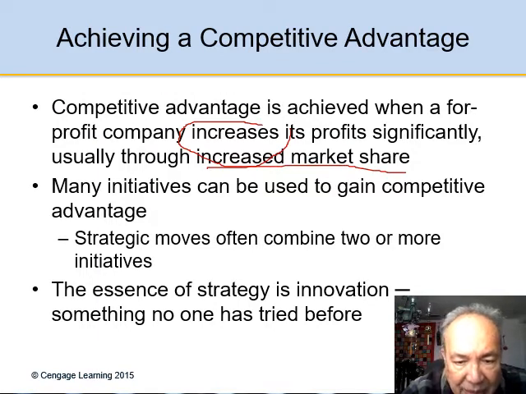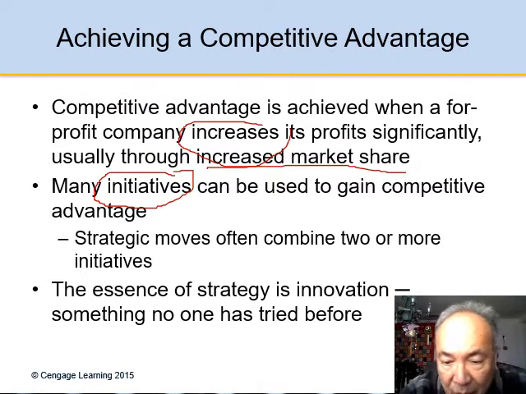Many initiatives can be used to gain competitive advantage. What is an initiative? Something that you try to do, or a new program. The essence of strategic is innovation, something no one has tried before.